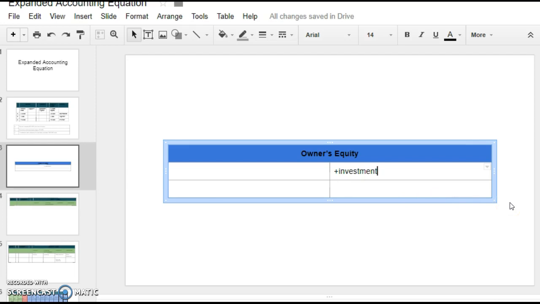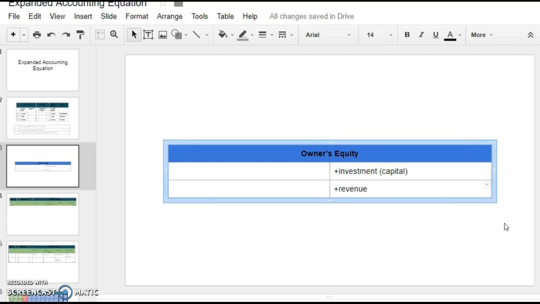That is the only time I want you to affect the capital, through an investment. So this would be your capital account. The other way that owner's equity is increased is through services provided, or revenue.